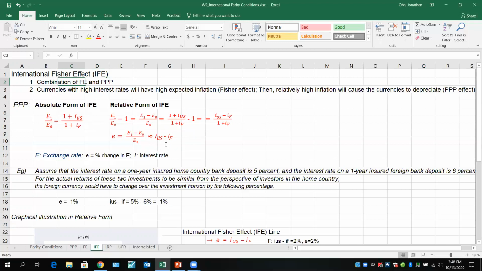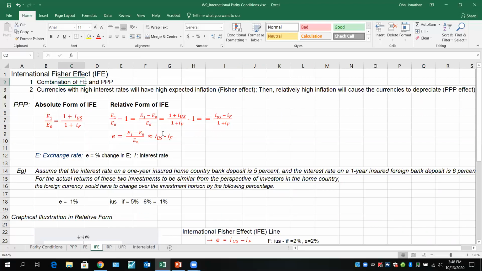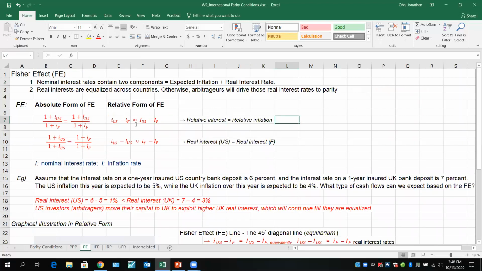If relative interest rate is high, then the Fisher effect leads to the adjustment that relative inflation is high in the long run.